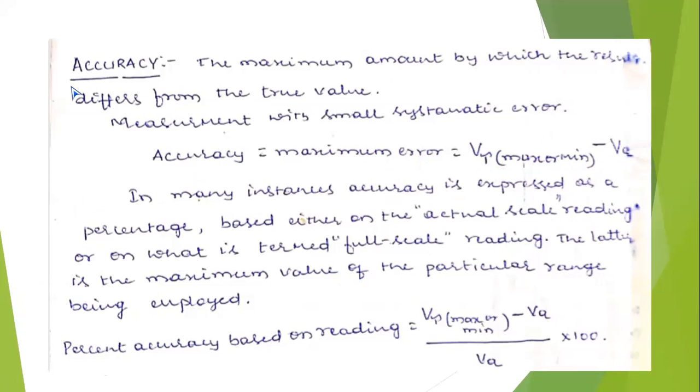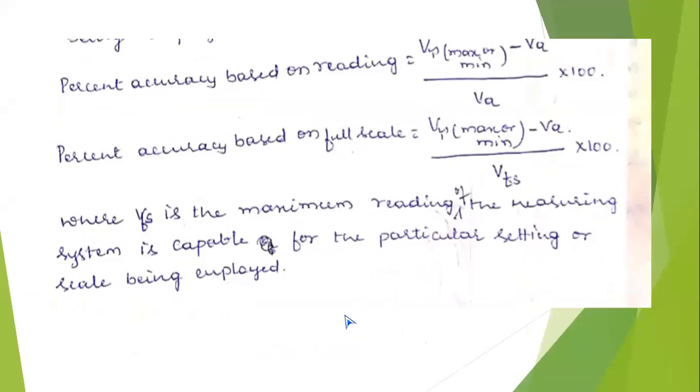Again, this accuracy can be defined as percent accuracy based on reading and percent accuracy based on full scale. You can use both concepts for calculation of the accuracy of the instrument.